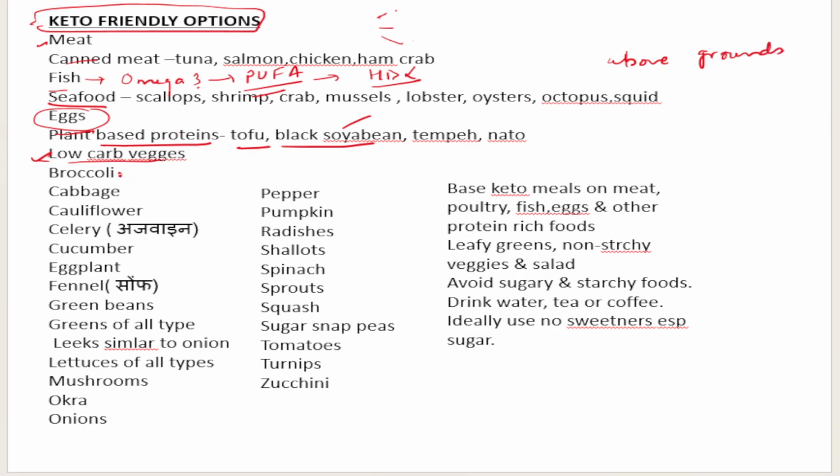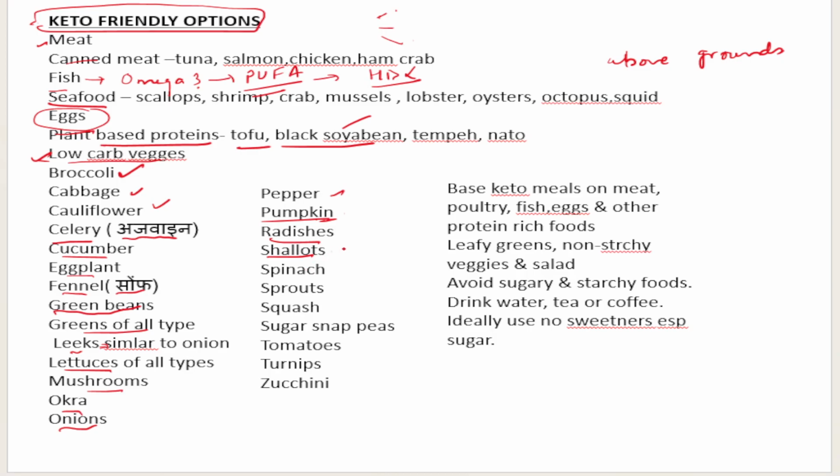These vegetables include broccoli, cabbage, cauliflower, celery, which you call ajwain in Hindi, cucumber, eggplant, fennel or sauf, green beans, greens of all types, leeks. Now leeks are similar to onion. Then lettuces of all types, mushrooms, okra, onion, pepper, pumpkin, which we call kaddu in Hindi, radish, shallots.